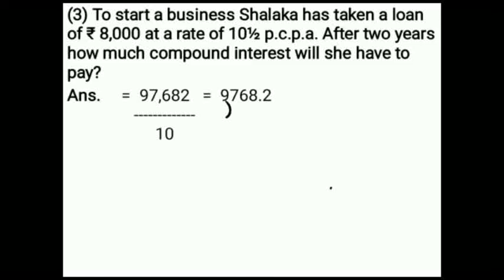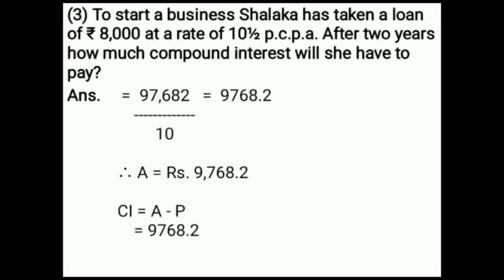Therefore, amount is equal to rupees 9768.2. Now you have to find compound interest. The formula of compound interest is amount minus principal. Amount, what you got the answer, that you have to use. That is equal to 9768.2 minus 8000.0.